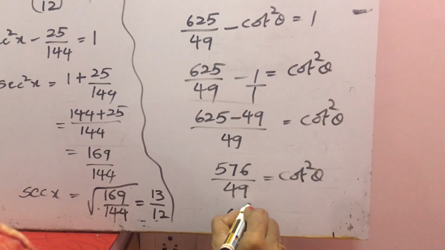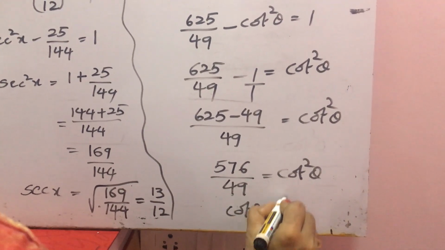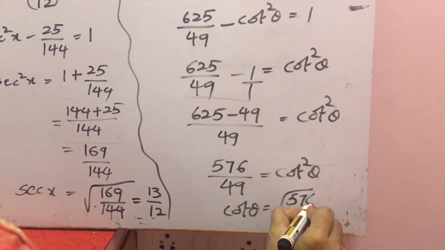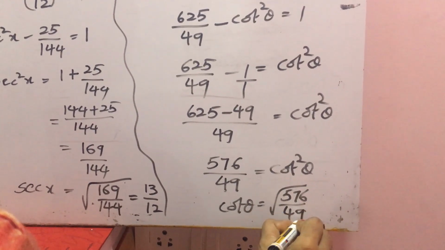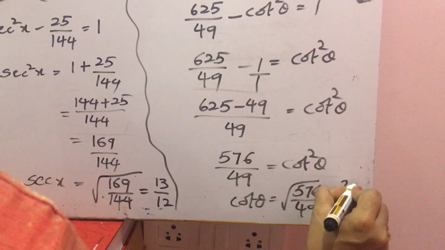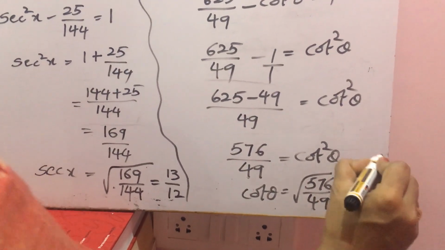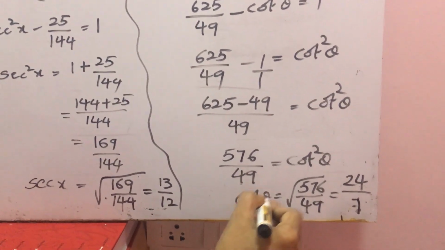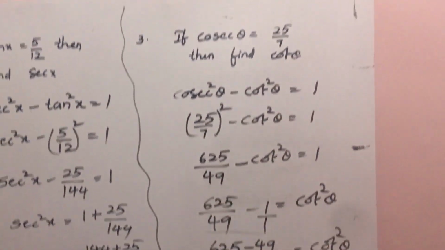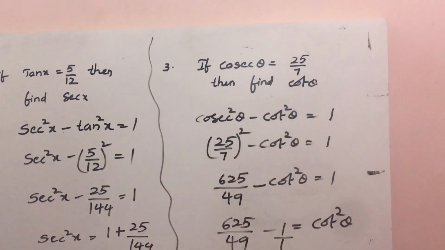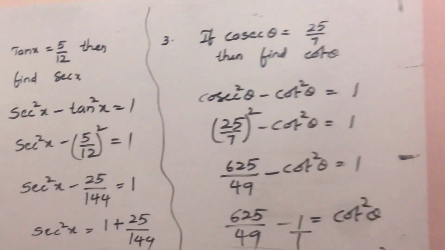Cot theta is equal to under root of 576 by 49. Under root of 576 is equal to 24. Root of 49 is equal to 7. In this way we can find out cot theta if cosec theta is given. Here we used third trigonometrical identity.